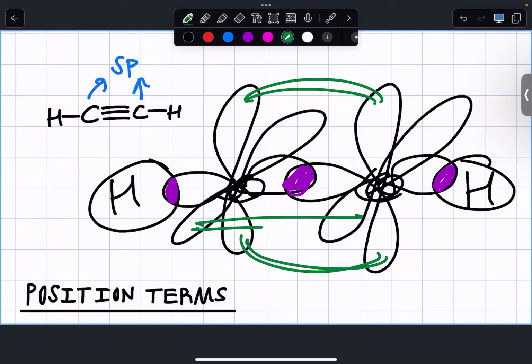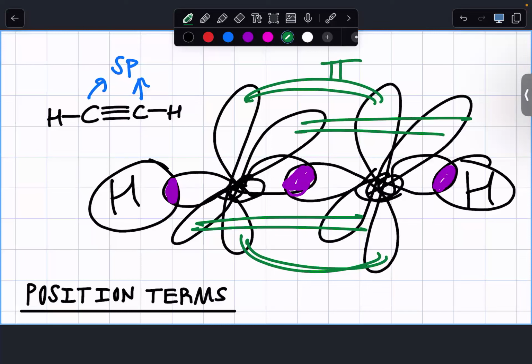So like that. Where the triple bond is the strongest bond because it has a sigma bond between these 2 carbons and 2 pi bonds. Right? One pi bond is between these 2 p orbitals, the other pi bond is between those 2 p orbitals there. Pi bond there, pi bond here.